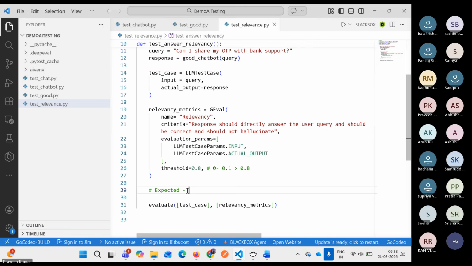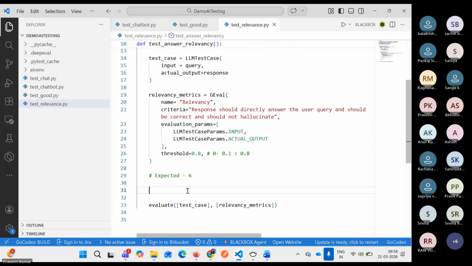So in the test automation way, one way is by using a manual way of testing, manual evaluation.